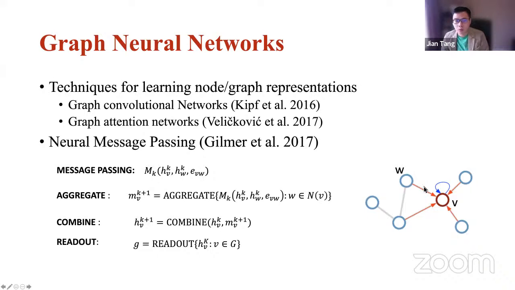This small neural network depends on h_w, the representation of the source node, as well as h_v, the representation of the target node, as well as the features on the edges, e_vw, which correspond to the features on the edges, right? With this message passing function, we know what kind of messages we should receive from each neighbor. So we're going to receive a message from each neighbor.